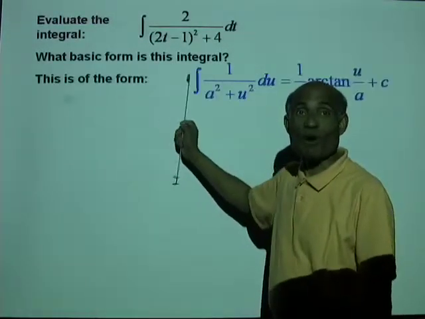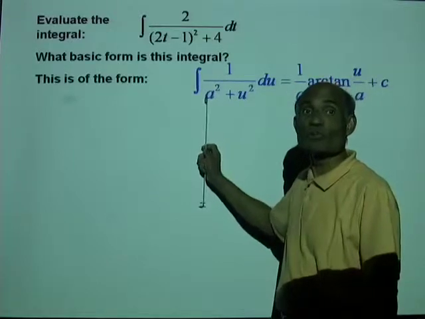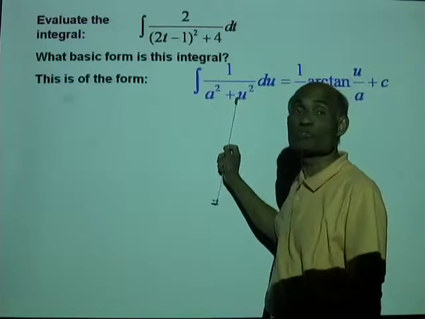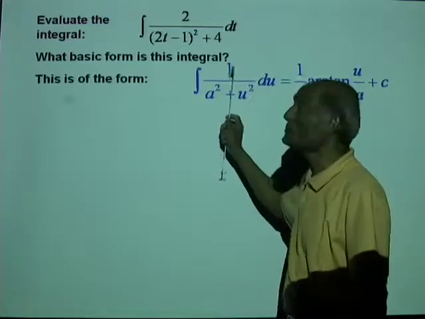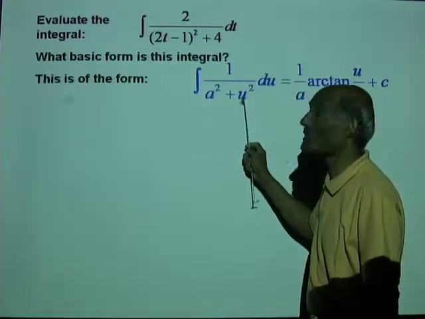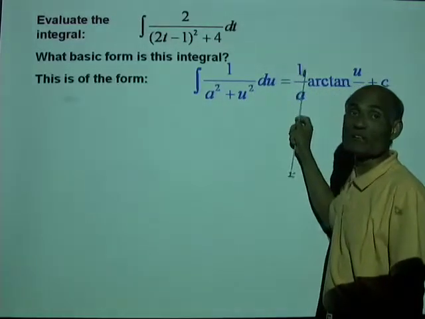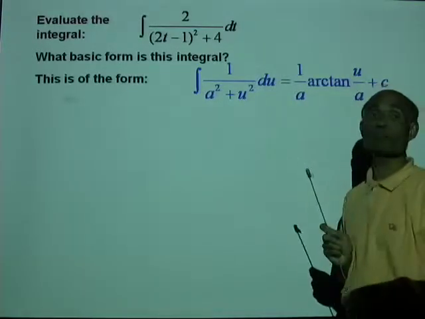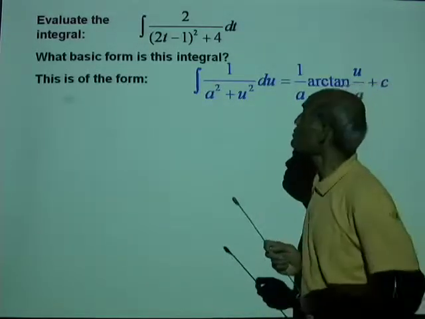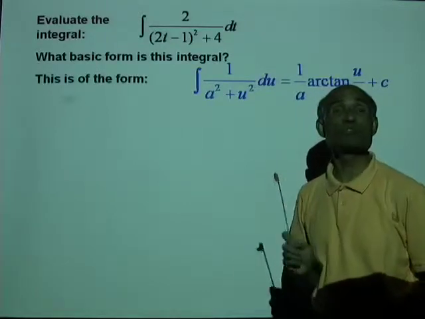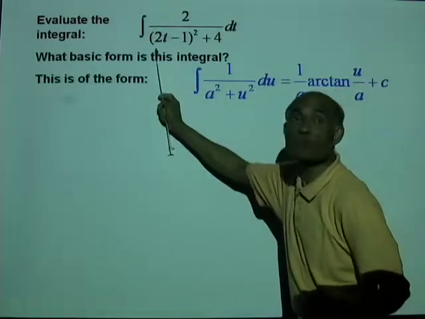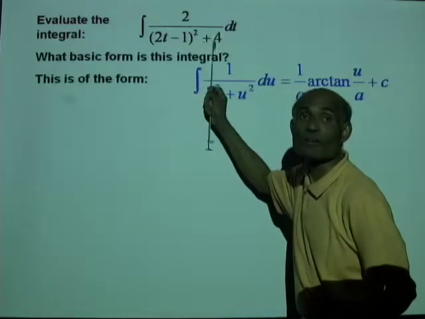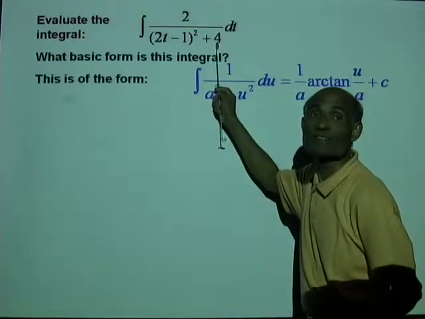This is of the form integral 1 over (a squared plus u squared) du, which is 1 over a arctan of u over a, plus c. Now, which is your a and which is your u? Your u has to be the part that contains the variable, and a is the constant.